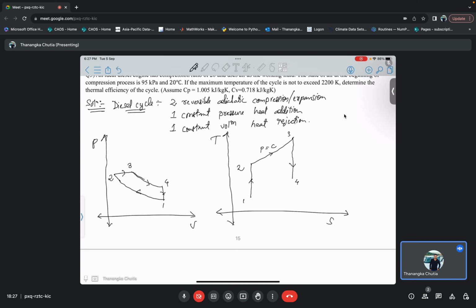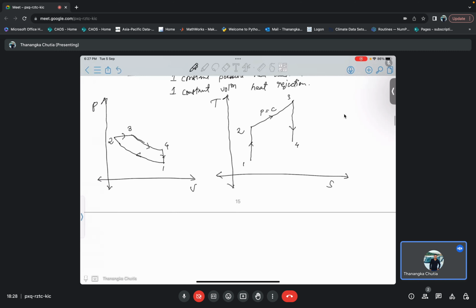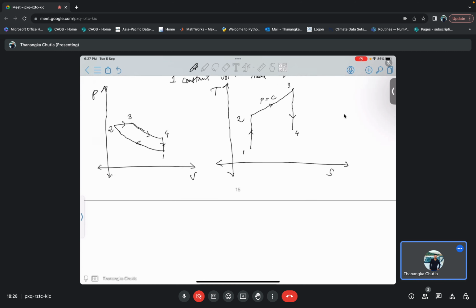Now one interesting thing is that the slope of V equal to C and the slope of P equal to C curve will be different in a TS diagram. Okay, so whether my V equal to C will be at a higher slope than this one or at a lower slope than this one, let us first check it. So what we can write, Q is equals to T ds is equal to C dt, correct?